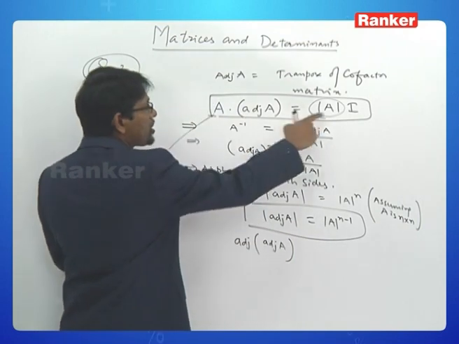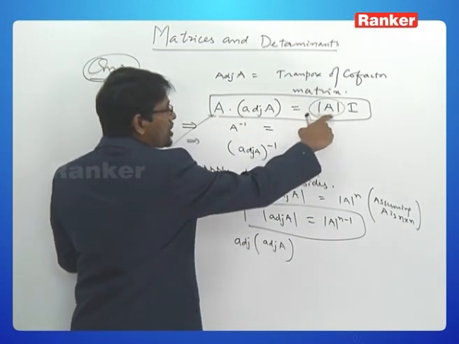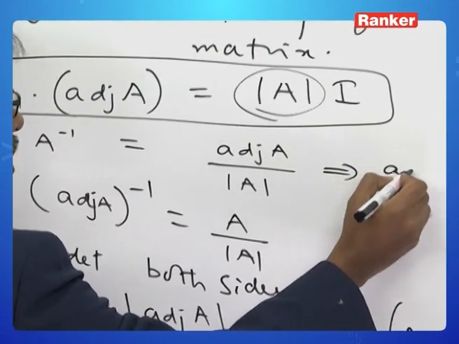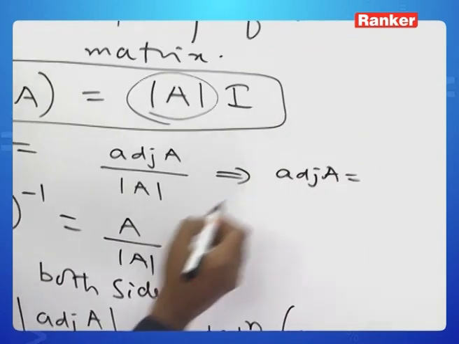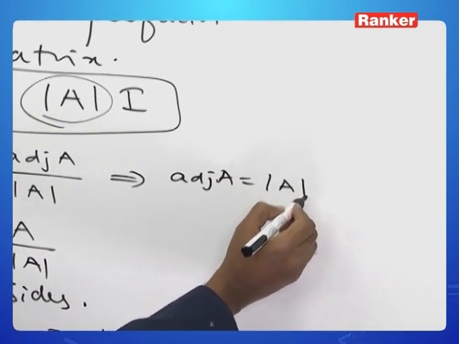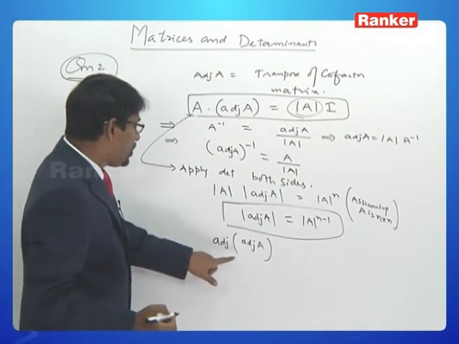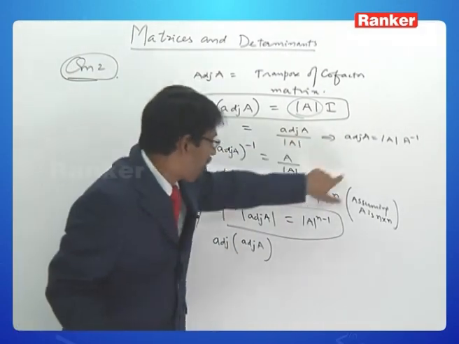We can write that as A inverse into det A. From here adjoint of A is equal to det A into A inverse. So instead of A here we have adjoint of A.